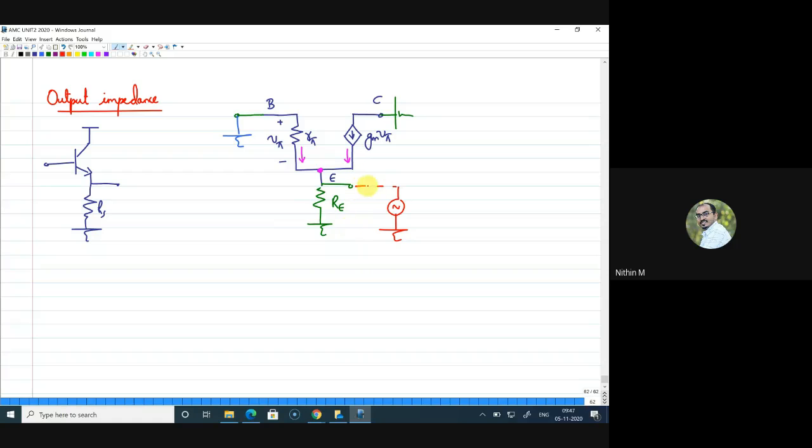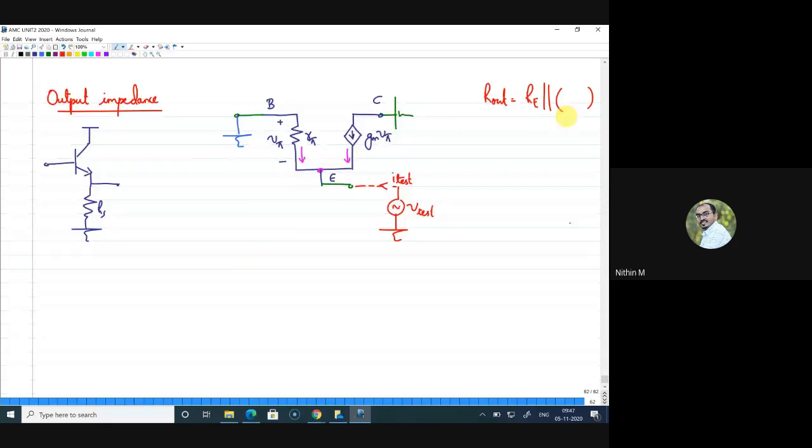We are connecting a test voltage V test, and this is the current I test, and you should evaluate what is V test by I test, right. But when we do this evaluation, since RE is coming in parallel to this V test, I can keep RE aside, and for the final R out I can say that this RE will come in parallel to the value I am evaluating by V test by I test. Like this we can do this.